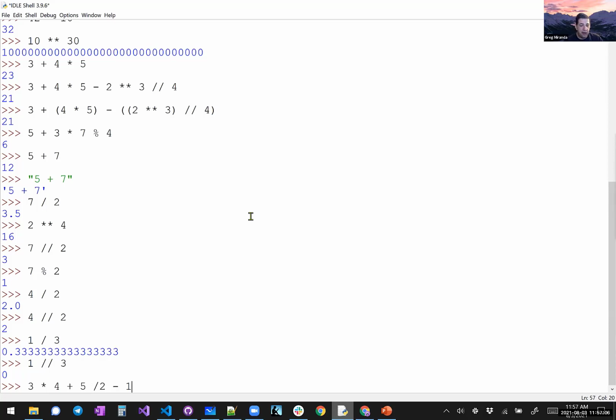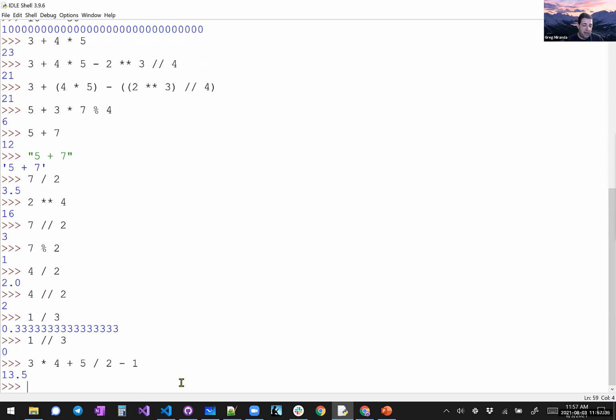What do you think we're going to get there? Let me fix my spaces. If we look at that one, we can also look at the other version of it with the floor. First we do this, this is 12. This is 2.5, so 1.5, 13.5.